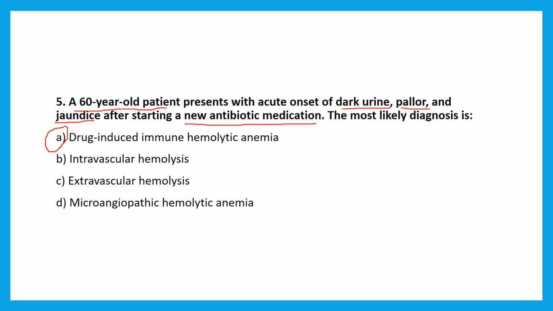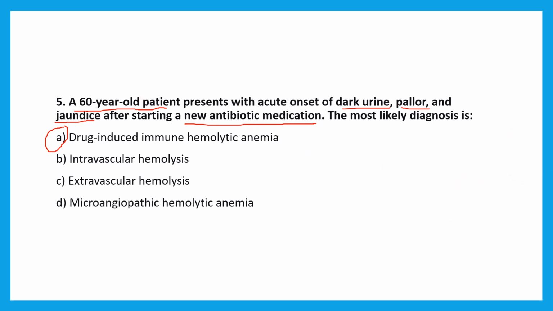This is a specific type of intravascular or extravascular hemolysis, which is triggered by the medication. All right, so this is a very good question, and requires us to have knowledge of the presentations given here in this question.